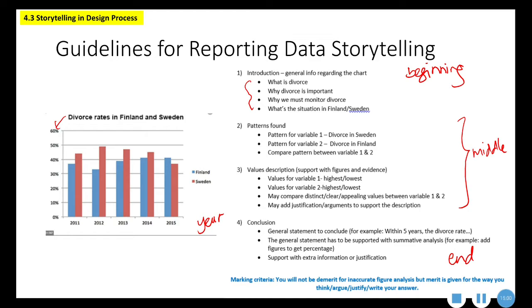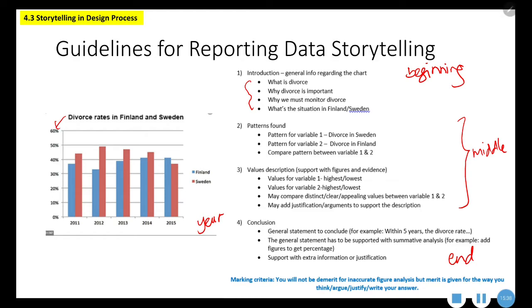The context of the story is not too critical; it is within the context of issues about human beings, because this happens everywhere, in any part of the world. The audience could be anyone from the public, with no specific target audience. Anyone might be interested in this story about divorce rate in Finland and Sweden.